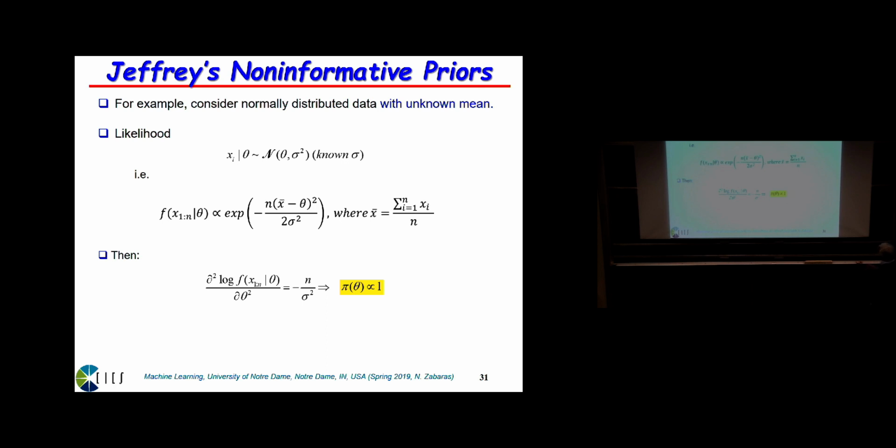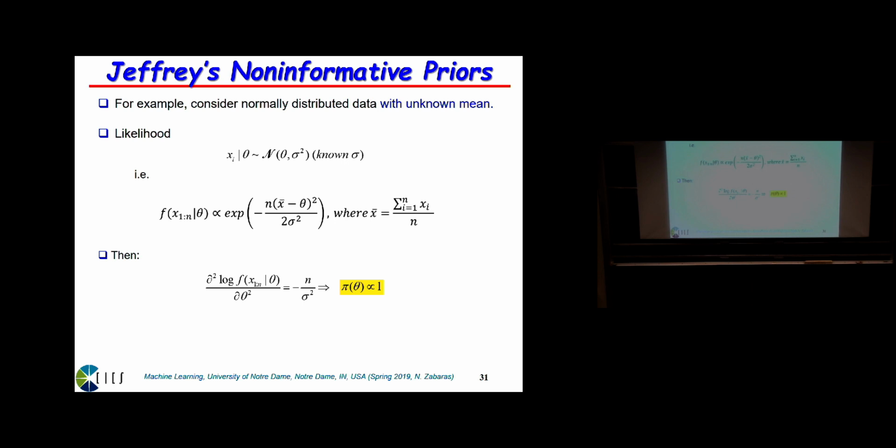If you take second derivatives of this with respect to the parameter theta, the answer comes to be minus n over sigma squared. And you notice there is no dependence on the data here. So when you take the expectation, it makes no difference. So the Jeffreys prior is the uniform prior, which is exactly what we saw with the location invariant non-informative priors before.